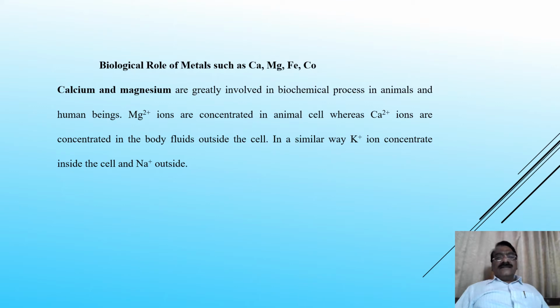Mg2+ ions are concentrated in animal cells, whereas Ca2+ ions are concentrated in the body fluid outside the cell. In a similar way, K+ ions are concentrated inside the cell and Na+ ions outside the cell.